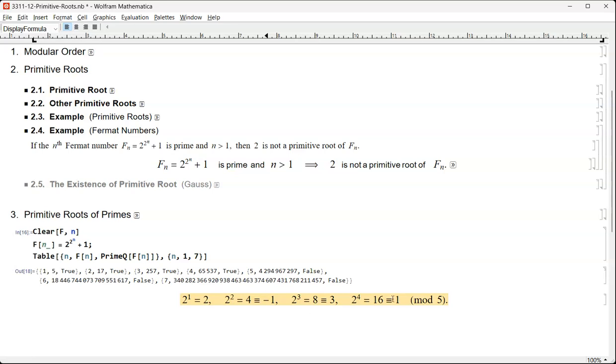So 2 to the p minus 1 power is 1, and that's the first one. So yes, 2 is indeed a primitive root of 5.